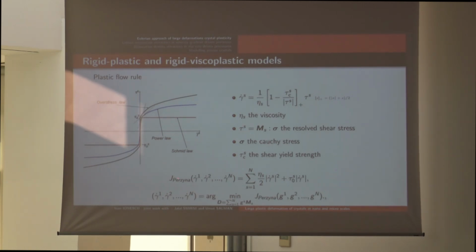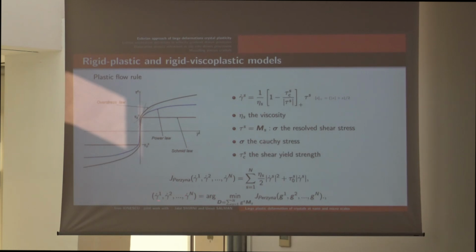In this case, we can introduce this dissipation energy, and the slip rates are obtained by minimization of this energy with the constraints of the decomposition related to the strain rate.